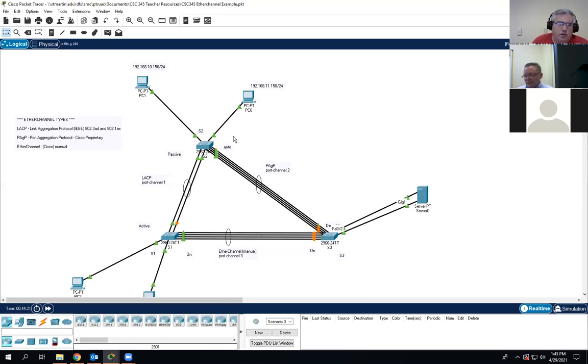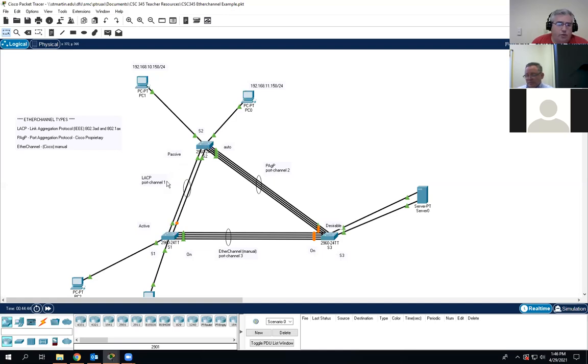In this lab that we kind of did, we went over the different protocols that you can use, well, 4 actually, for Ether channels, and that's LACP, PAgP, NIC teaming for Microsoft, and Ether channel, just straight up Ether channel. LACP is an automatic protocol.